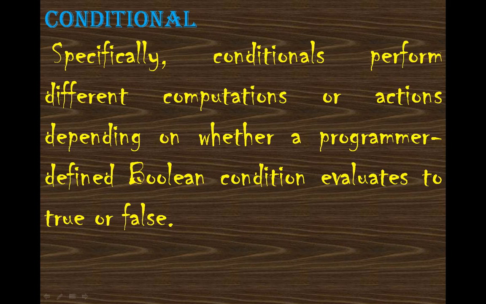When you give some condition, it evaluates that condition. If the condition is true, it will execute one part of the program. If the condition is false, it will do the second part. That means conditionals perform different computations or actions depending on whether a programmer-defined boolean is true or false.